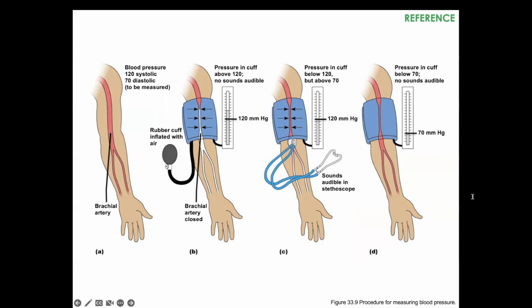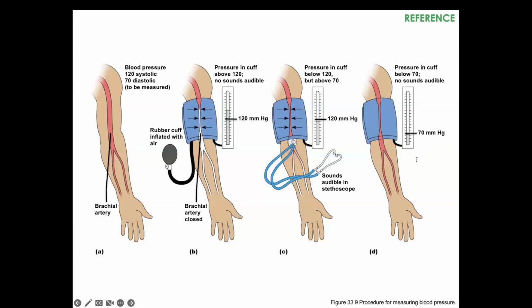At this point, we will not hear any sounds. We will continue to release that pressure below 120 and we'll begin to hear sounds. That will be our systolic blood pressure. And then the blood pressure reading ends when the cuff goes below 70 and we no longer hear sounds. That would be our diastolic blood pressure.